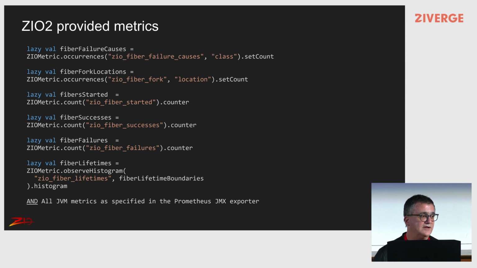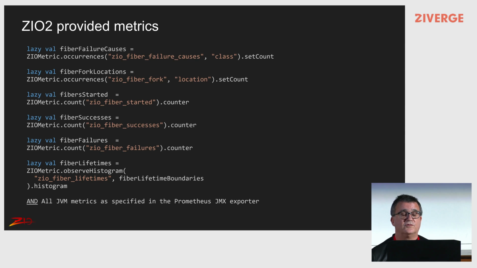That already gives you a hint which exceptions are occurring very frequently and which exceptions occur only once in a while. We also count how many fibers we have started, how many fibers have succeeded, and how many fibers have failed. These are all counters.